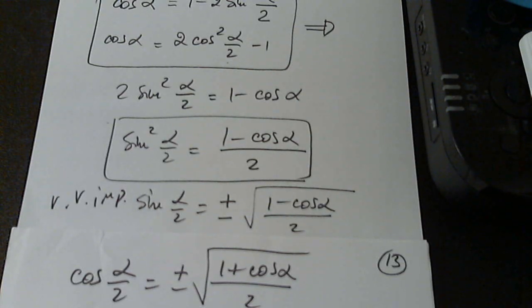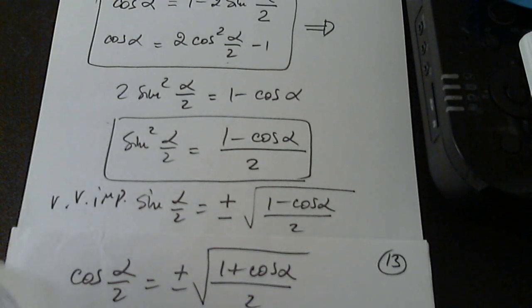We are told that theta is an angle between 0 and 2 pi. Find the exact value of such and such, and we have the same information. So I have to go back and just copy what we had.